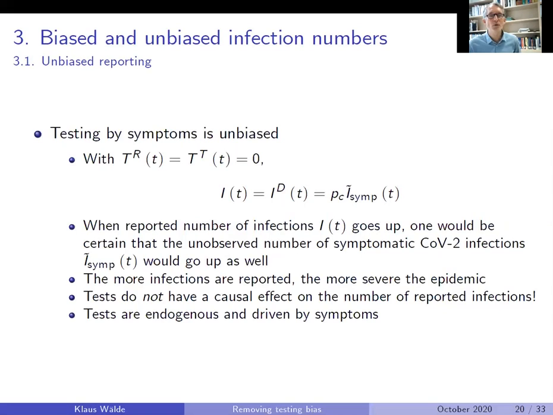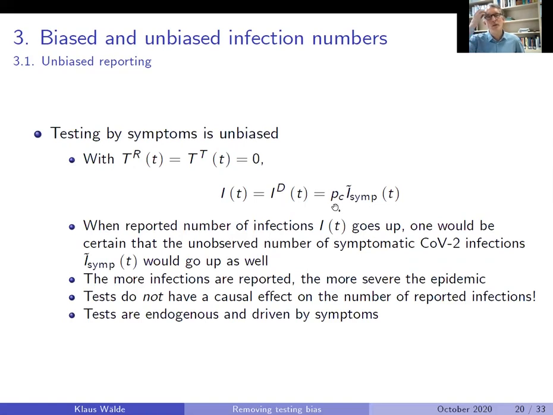So this is a wonderful situation, because then we would know, if this was the only reason for testing, when the number of reported infections goes up, and when we assume that this probability to undertake a test is constant. So capacity considerations shouldn't play a role. That's an important point. That's another reason for bias, but we don't focus on this reason for bias. It's there, yes.